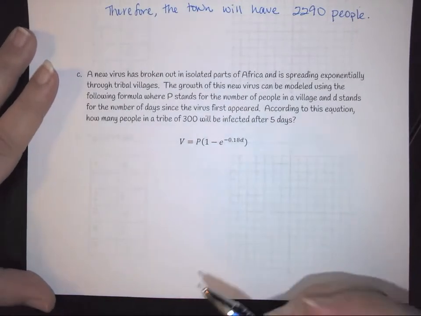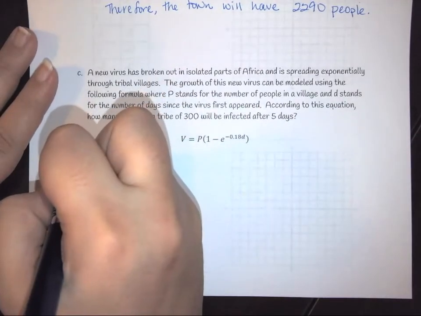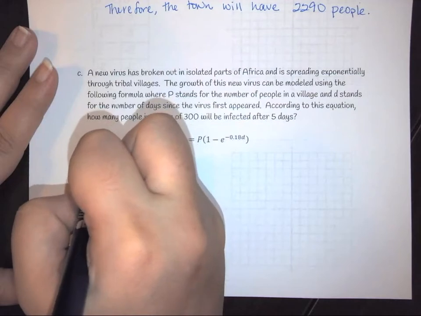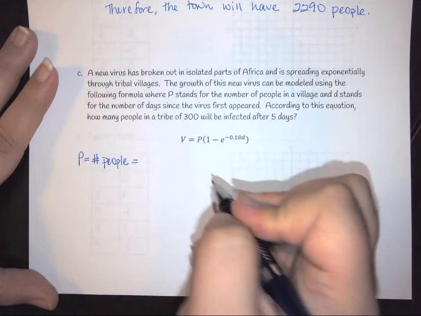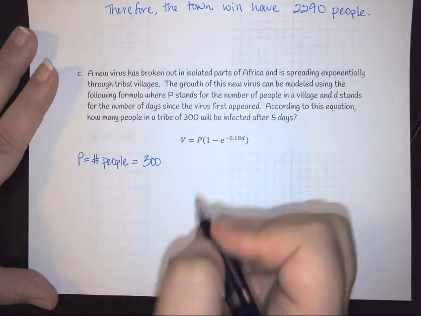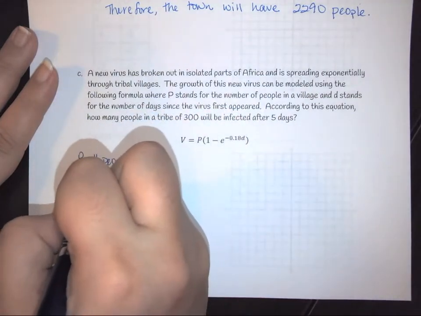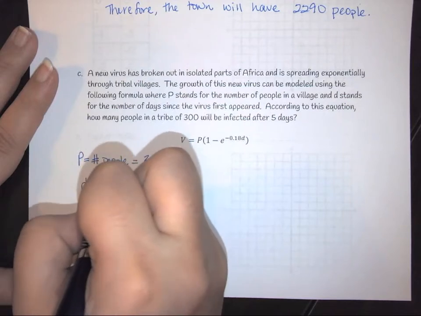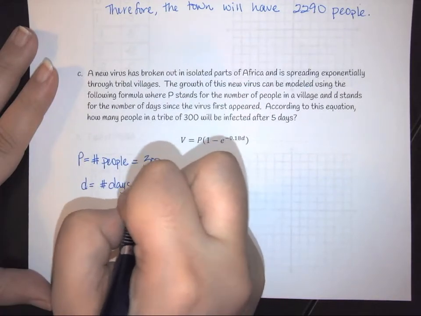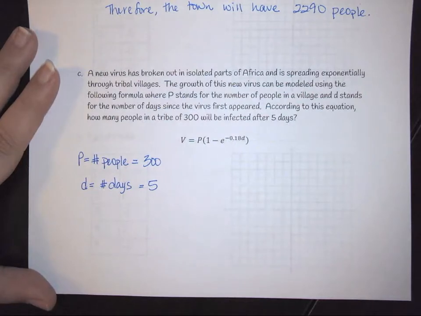So we've got some information. First, we know P is equal to the number of people, which our problem said was 300. We also know that D is equal to the number of days, which our problem said 5.